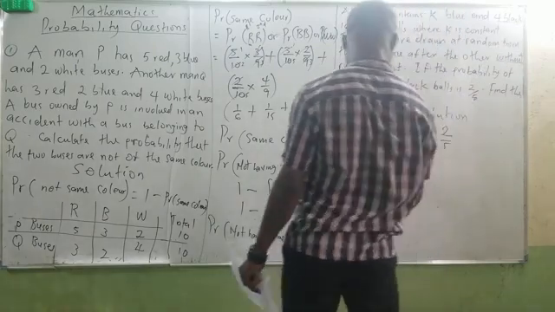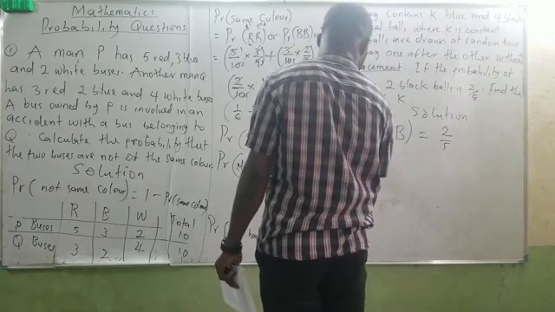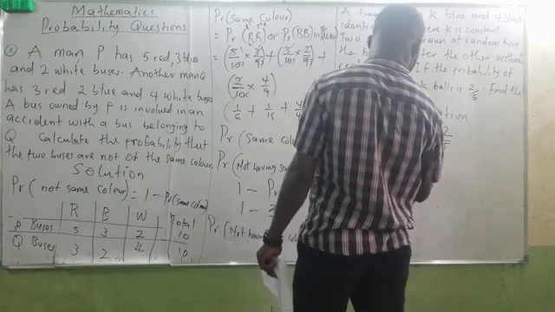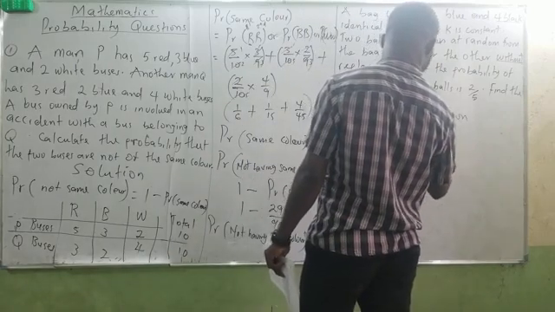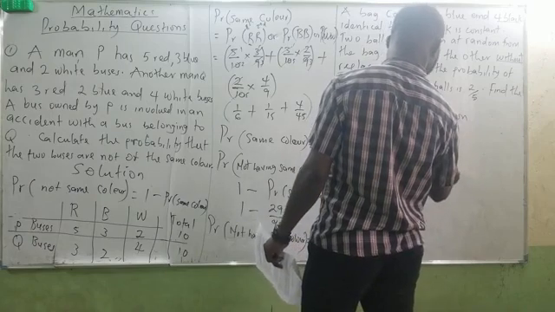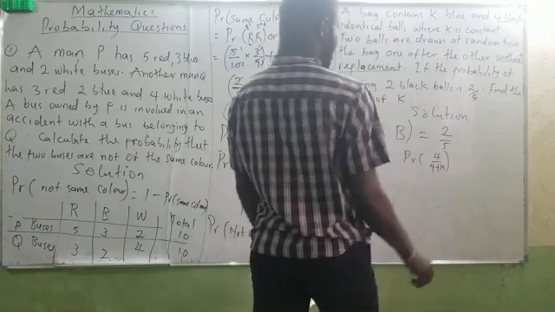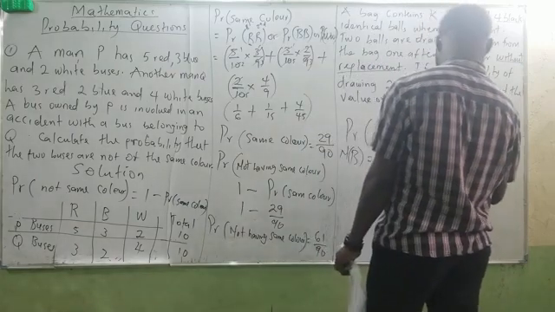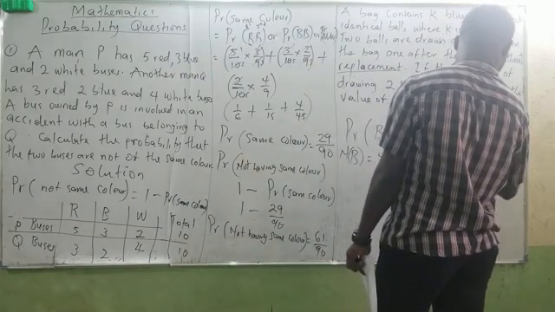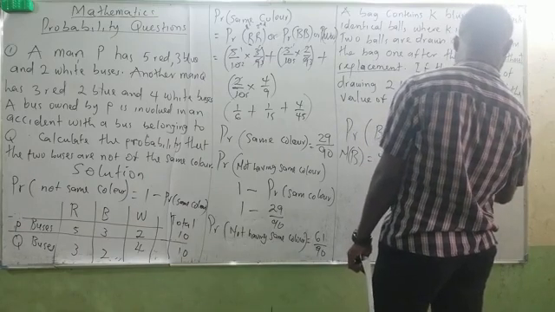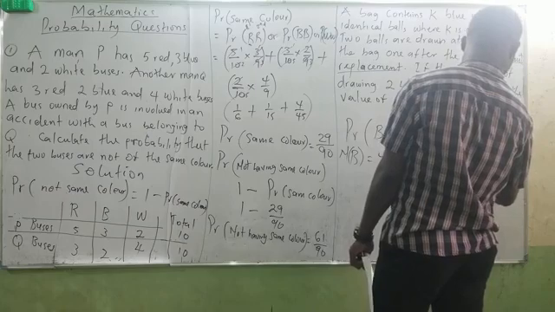Now, the probability of picking black will be what? 4 all over 4 plus k. I don't know it. That is the first black. The second one will be 4 minus 1 all over 4 plus k minus 1.